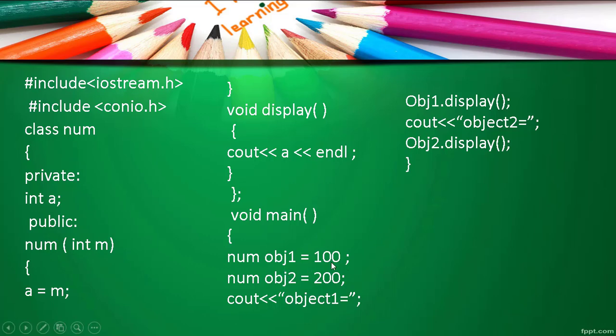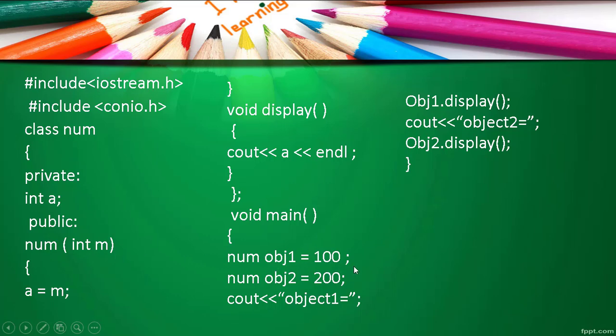So 100 is initialized to object 1, 200 has been initialized to object 2. 100 will be copied to M, and then assigned to A.